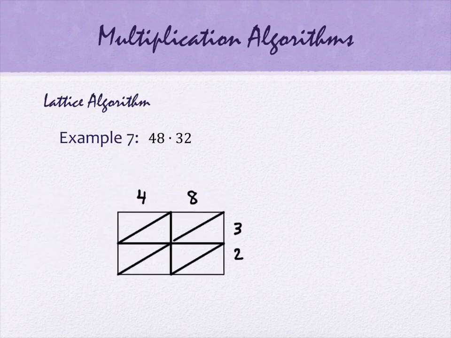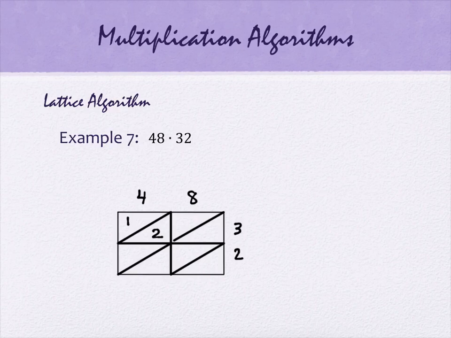The same thing is going to be happening over here. So the first corner box is actually the row that's got the column that's got the 4 in it, and the row that's got the 3 in it, so it's 4 times 3. And 4 times 3 is 12. So we put the top number on the left, and we put the bottom number on the right. Or the first number on the left, the second number on the right, I should say it that way.